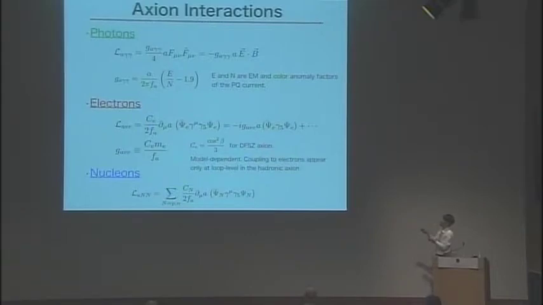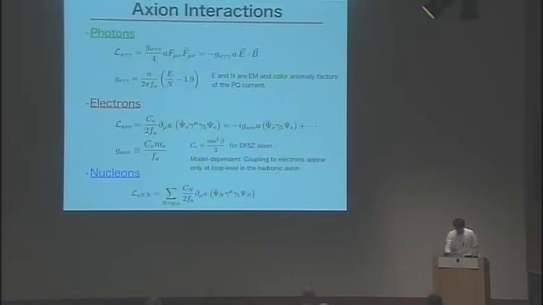And also the axion is coupled to fermions, like electrons or nucleons, but the coupling to electrons is more model dependent. It can be suppressed in the hadronic axion model. And there are many experiments and observations which try to detect the axion through these couplings to the standard model fields.